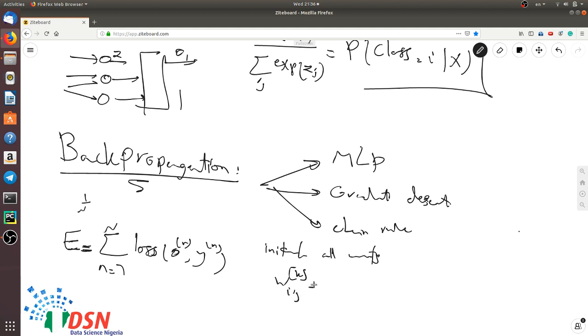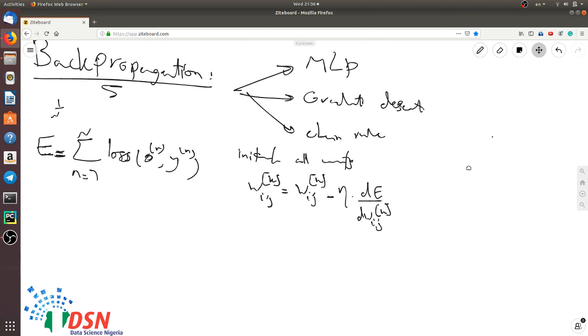Then to update the weight w_ij of layer k, we could update it that way, as the current weight minus the learning rate times the derivative of the loss function with respect to w_ij.